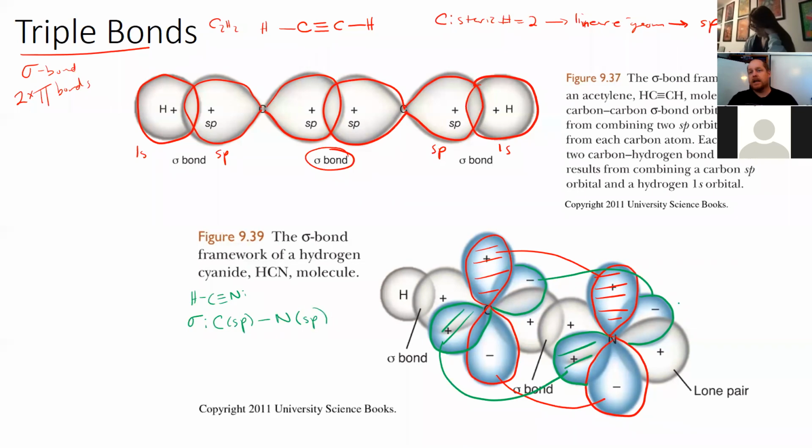And you know nitrogen is sp hybrid because it has a steric number of 2 also, right? It has a lone pair of electrons and a triple bond.